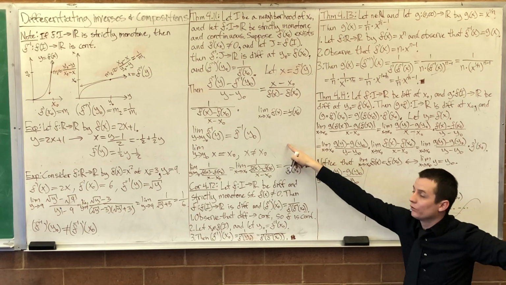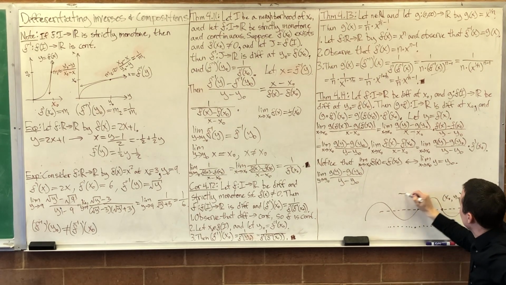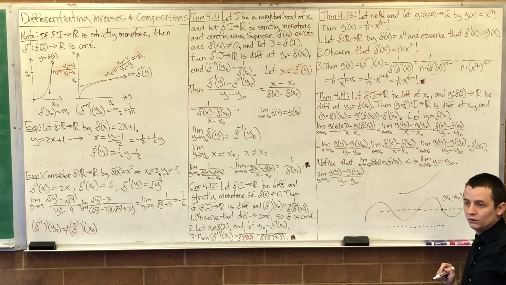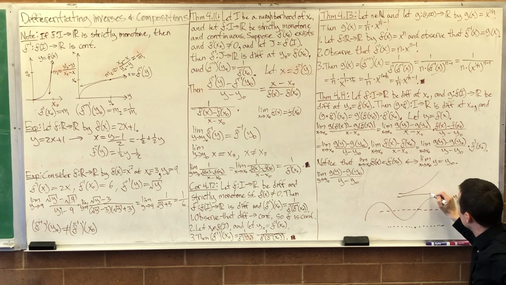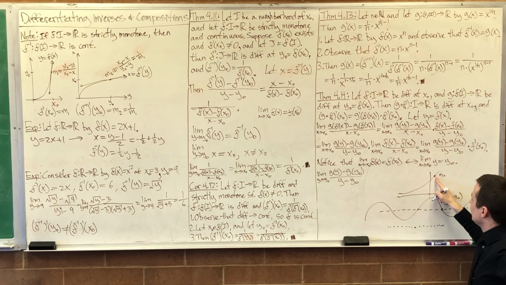It wasn't possible over here because we always had a strictly increasing function. And so we knew that the only place where y was equal to y naught was at x naught. So when I look at this function, if we draw it on a coordinate system, if this is y naught, I know that the only place where y is equal to y naught is at x naught.